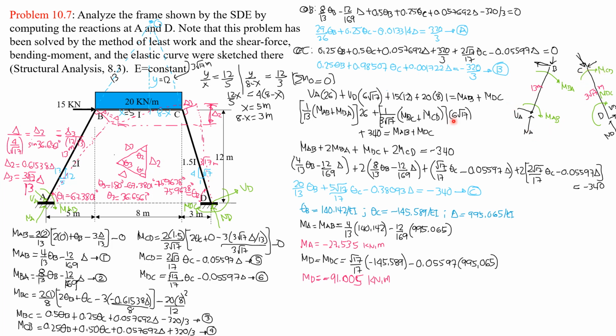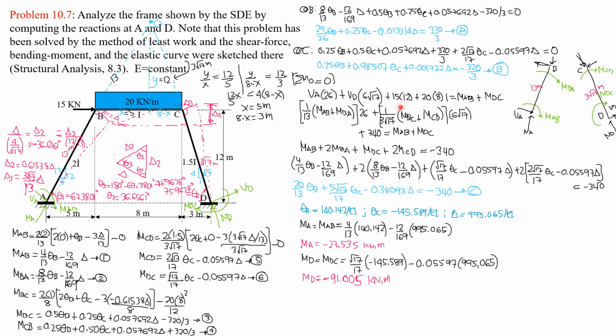Therefore, shear at A, which is this, is 1 over 13 times MAB plus MBA. Then the length is 26 from this equation here. We have 26.